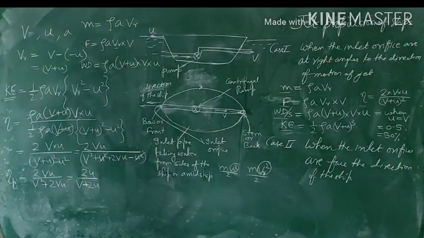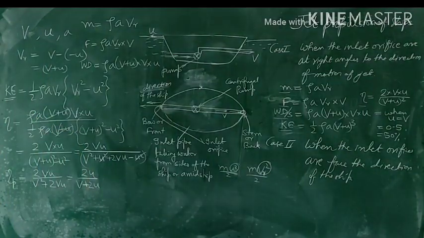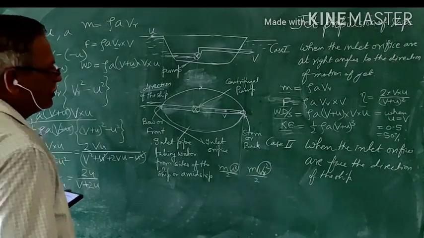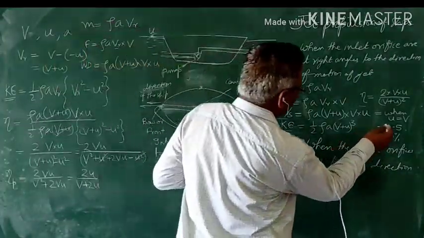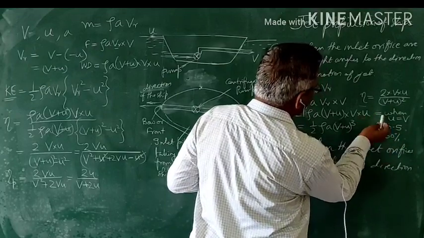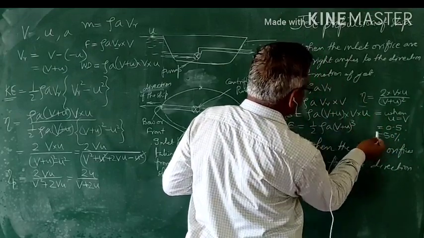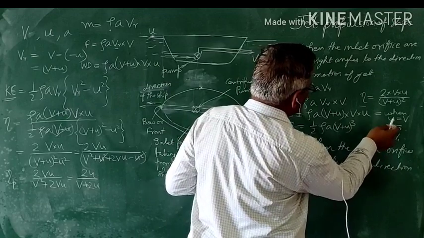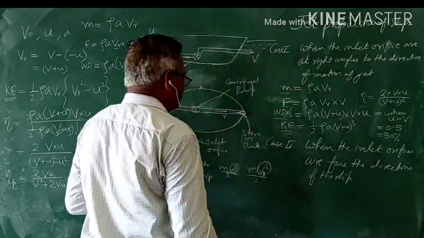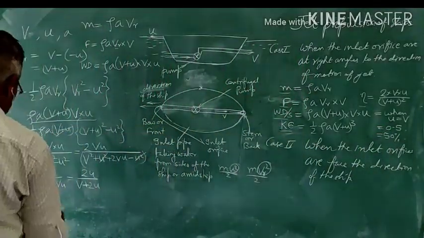Now, it is not possible to find the maximum efficiency condition in this case. So what we will do is take U equal to V, as in case 1 the efficiency was maximum, and find out the efficiency here.